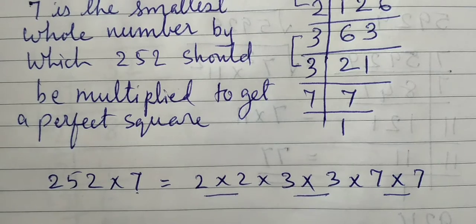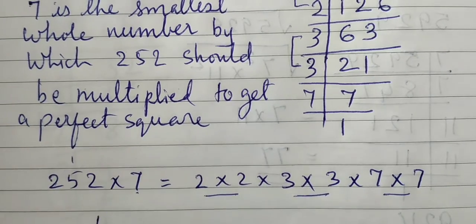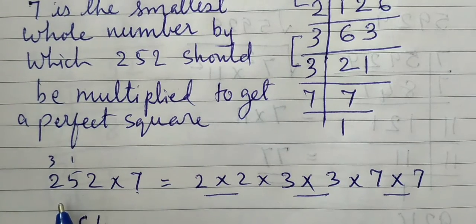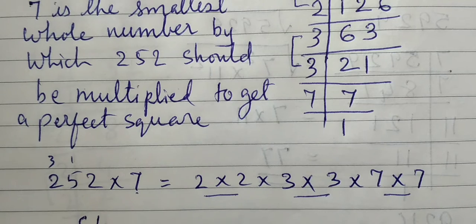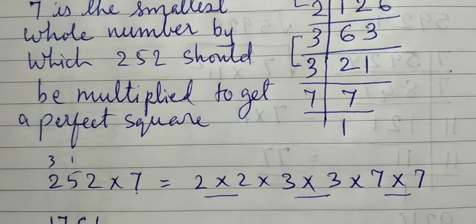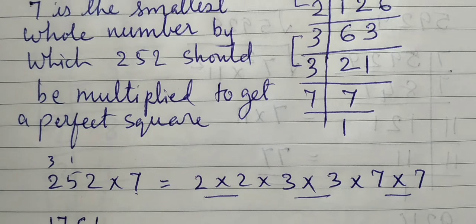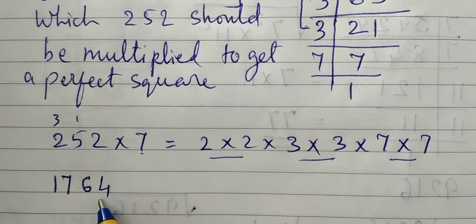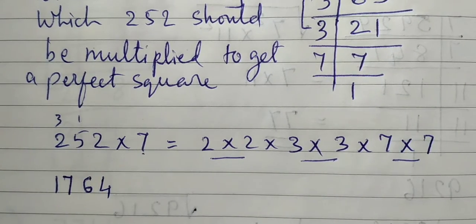7 2s are 14, 1 carry over, 7 5s are 35, plus 1 is 36, 3 carry over, 7 2s are 14, 14 plus 3 is 17. Hope I have not made a mistake. Just check. 7 2s are 14. Okay.